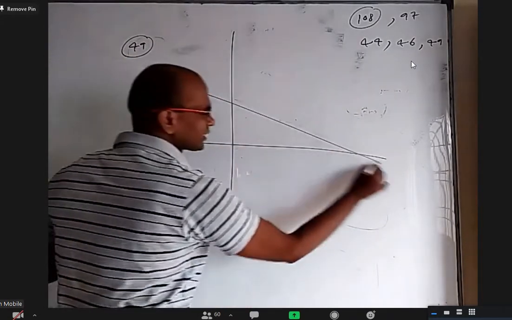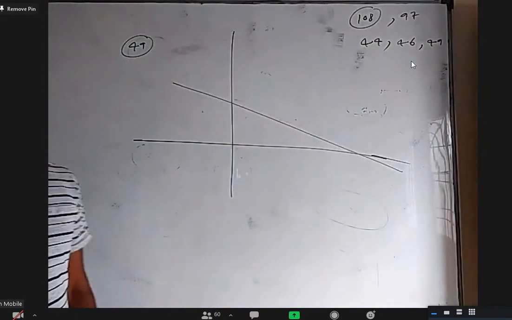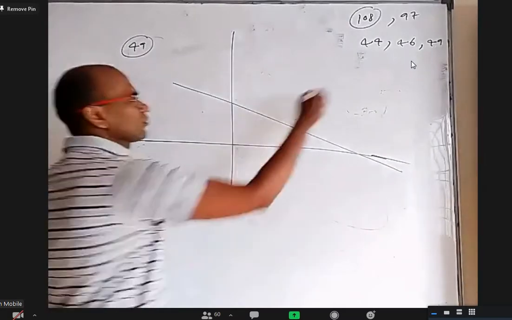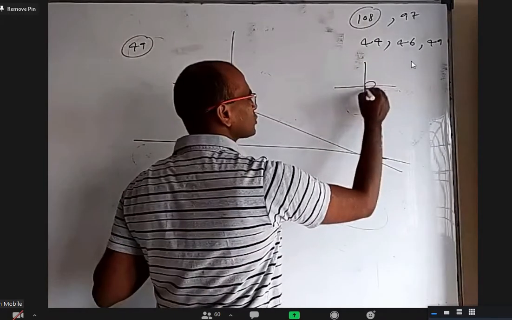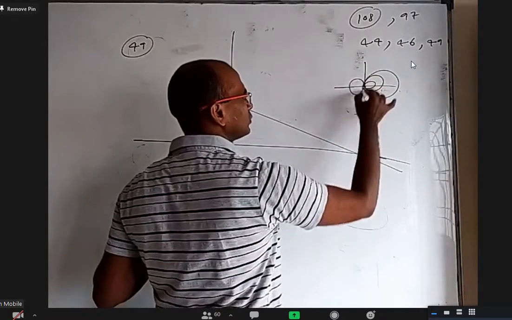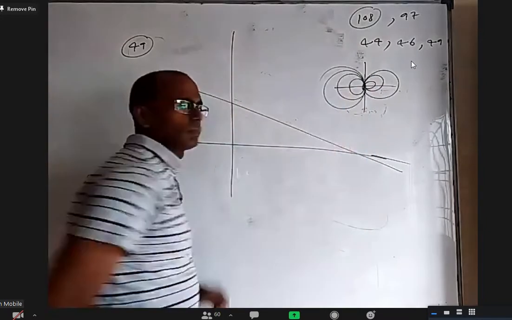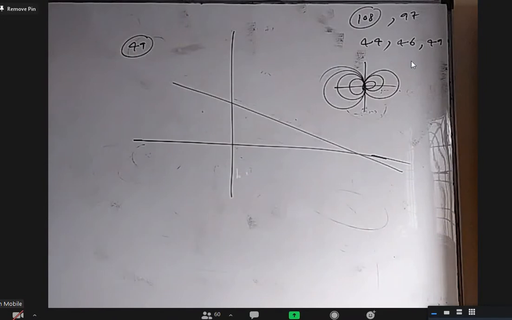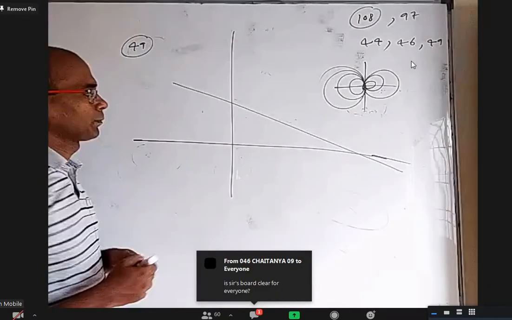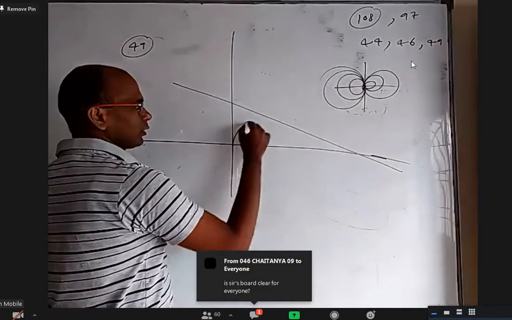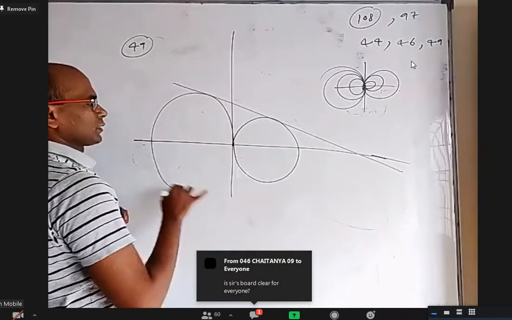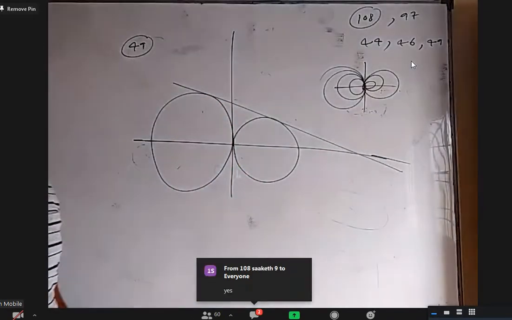Okay, our line is like this. Touching the y-axis at the origin, there will be a lot of circles like this, like a family of circles. So one circle will be like this, another circle will be like this. That is what they are asking.